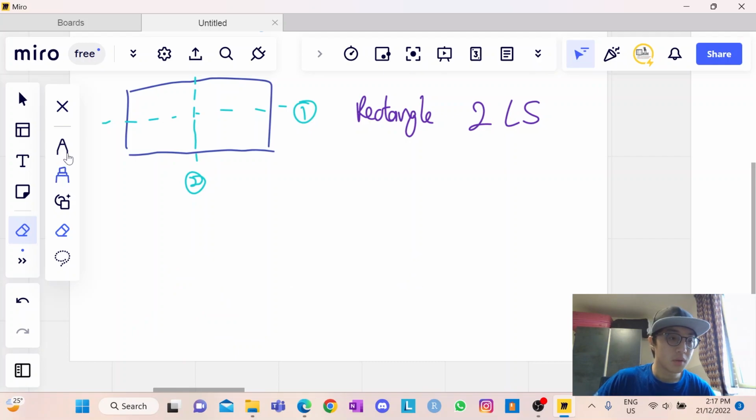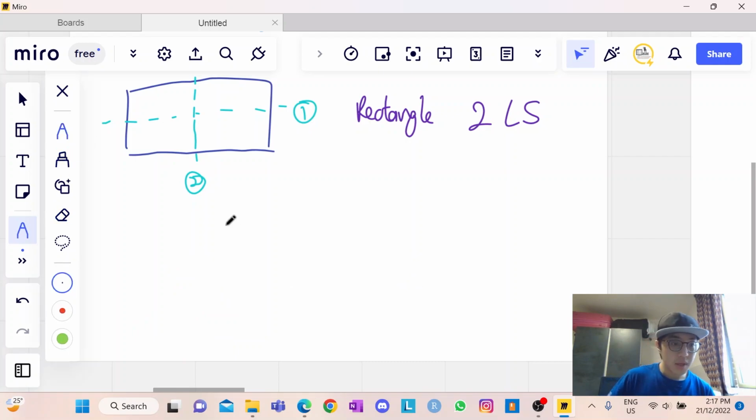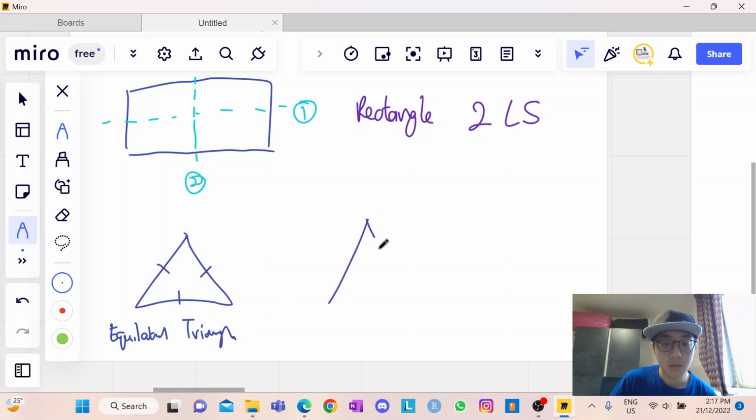So we have one equilateral triangle, and one isosceles triangle.